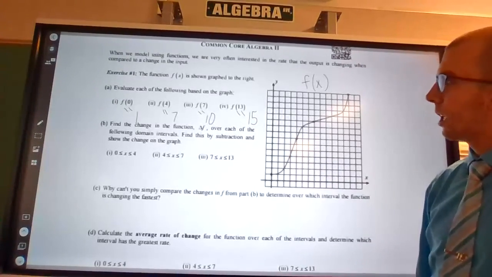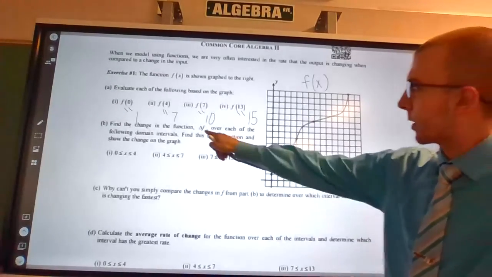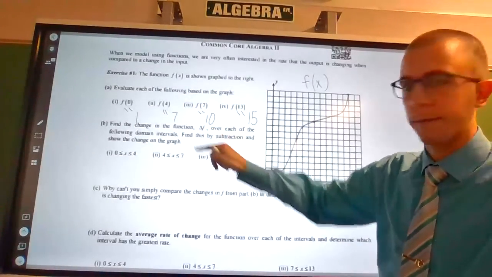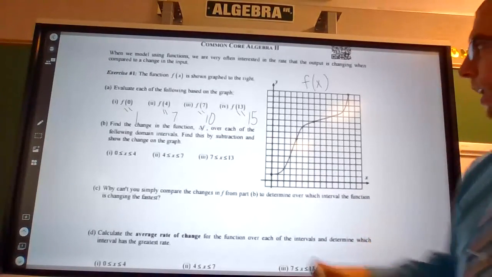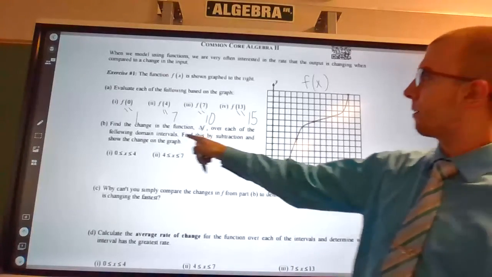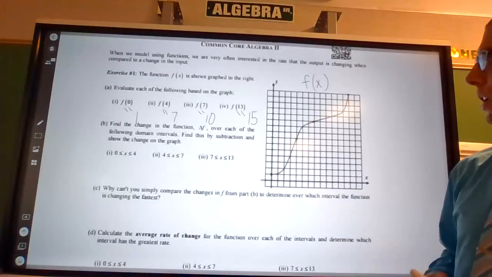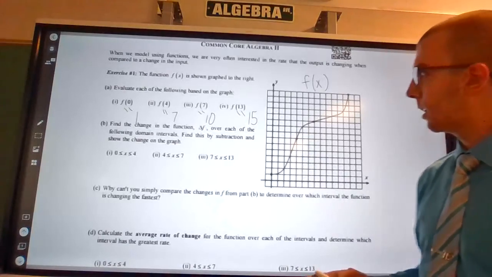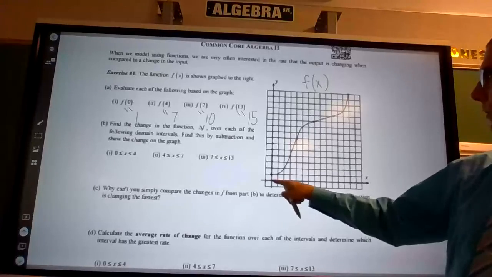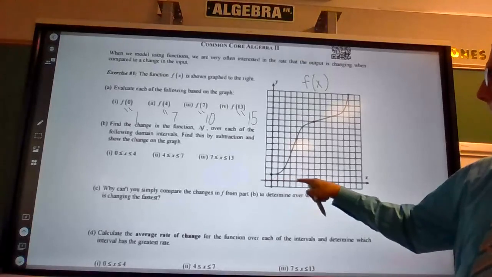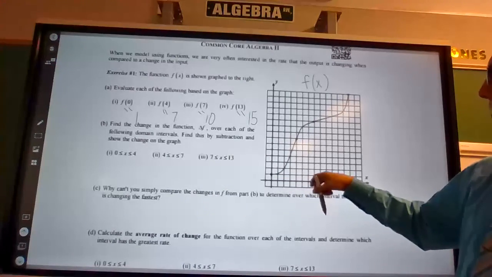Letter B says find the change in the function. So the change in f, delta f, that little triangle is a math symbol for change. Okay, the change in the function over each of the following domain intervals. You find this by subtraction and show the change on the graph. So we want to find the change in the function over the interval 0 to 4. From 0 to 4, how much did the function change?